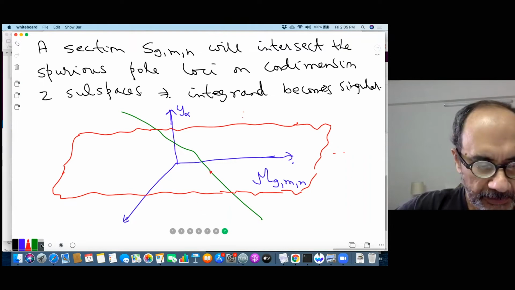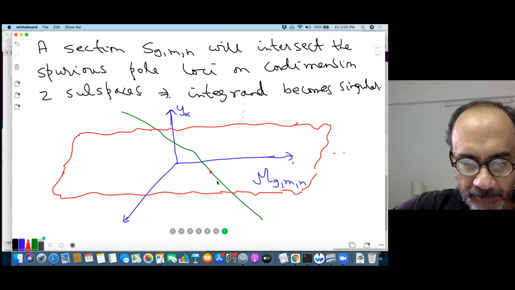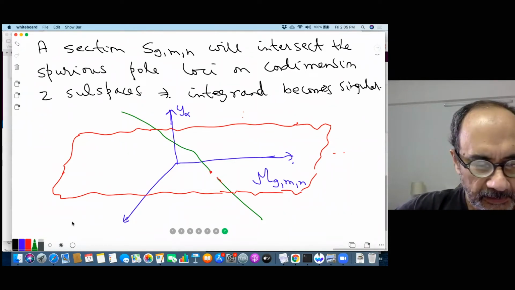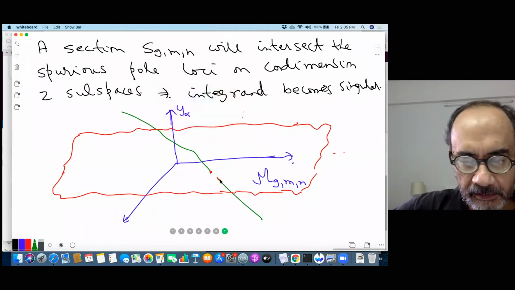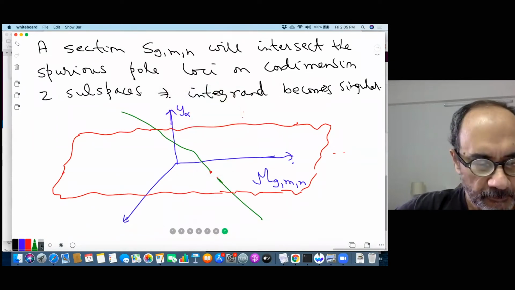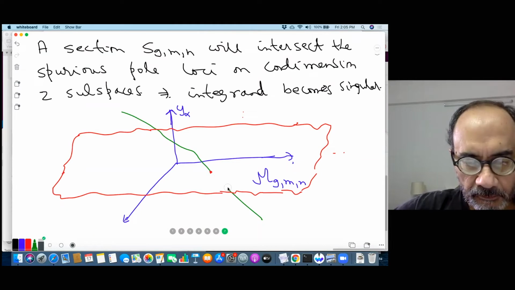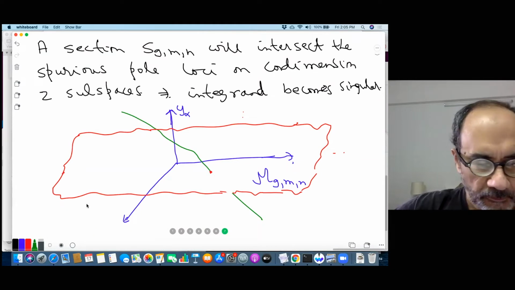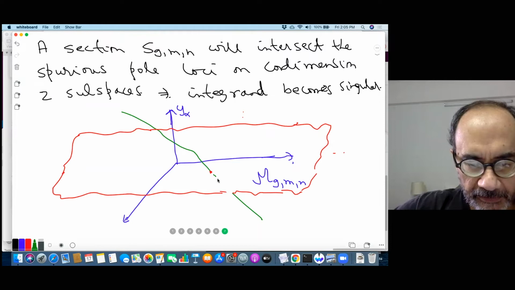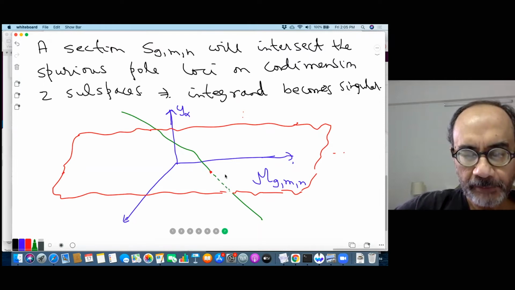Then the rest of the line is below. Let me draw it like this, just to indicate that this goes below the section, and then it goes up. So the problem is to integrate around this region.